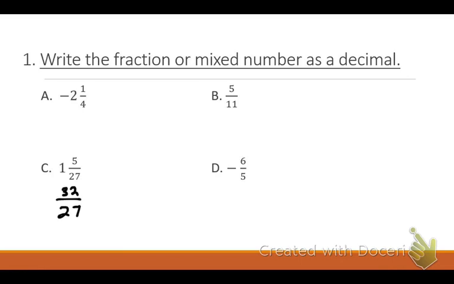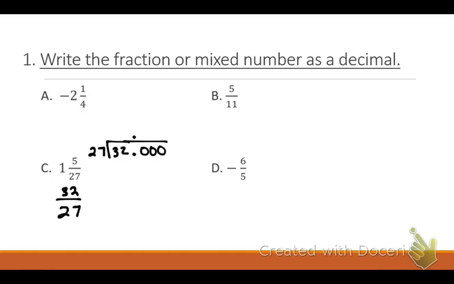Is that a positive or a negative? Positive. That is a positive. Okay, so now we're going to go ahead. You might want to write tiny on this one. Let's do 32 divided by 27. I'm going to put a decimal point. How many zeros? 3. Okay, let's bring the decimal point up.